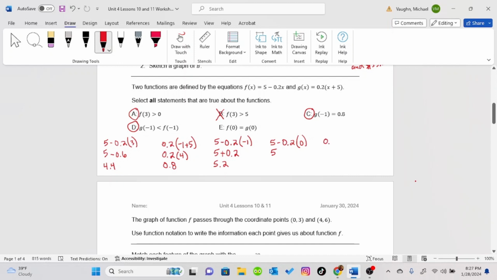Then we have 0.2 times 0 plus 5. 0 plus anything is itself. So 0.2 times 5. And 0.2 times 5 is 1. 5 does not equal 1, so E is not a correct answer.